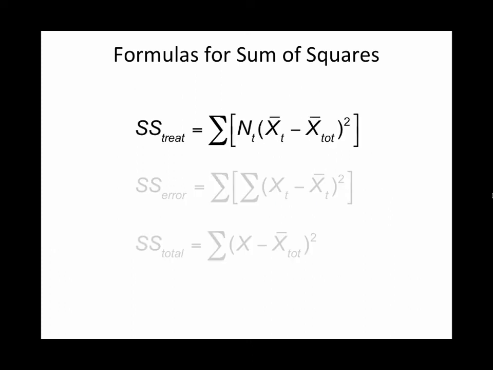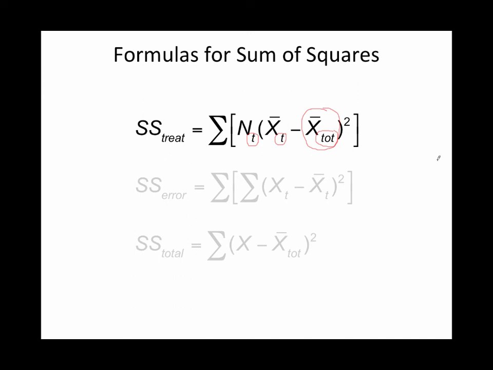And finally, we have the sum of squares for the treatment. Again, T here stands for the treatment group, and the TOT stands for total. So this is going to be the grand mean using all of the scores of every participant across the groups.